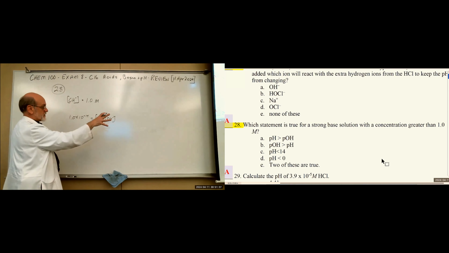All right. How about this one? 37. Given the following list of Ka values, which of the conjugate bases is the strongest?